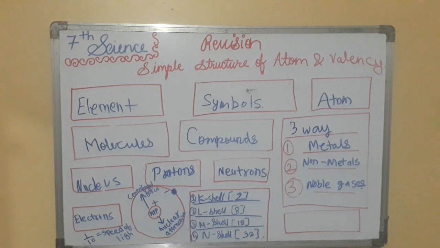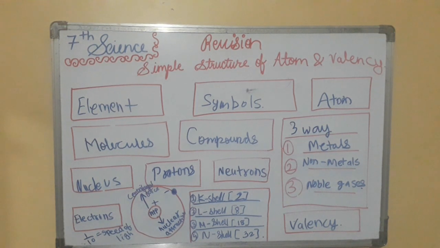After that, there is valency. The number of electrons donated or accepted by an atom of an element so that it has 8 electrons in its outermost orbit is called valency. In the K shell, there are only 2 electrons. After that, the electrons donate or accept.